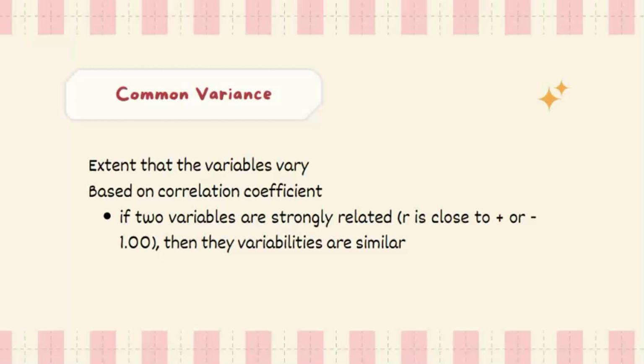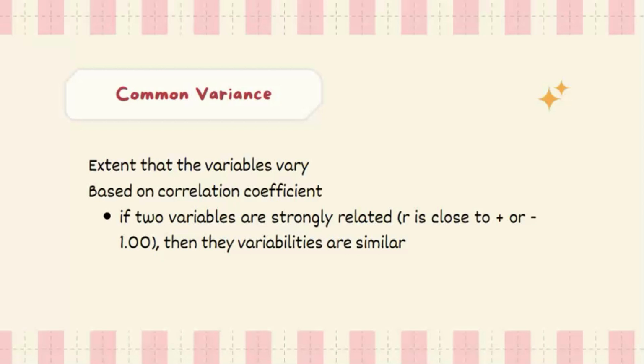And going back when we were talking about making that percent kind of connection between the correlation coefficient and the relationship, we could take what's called the common variance, which is the extent that the variables vary, and we could take this based on the correlation coefficient and turn this into a percent, which I will talk about in 1 second.